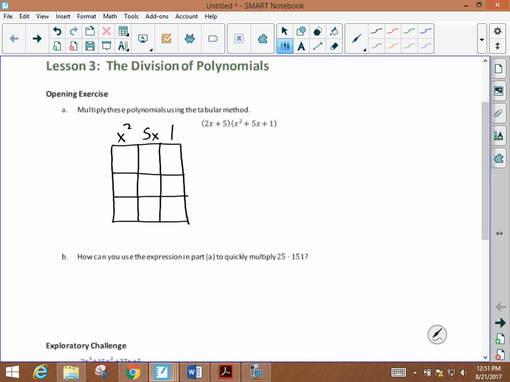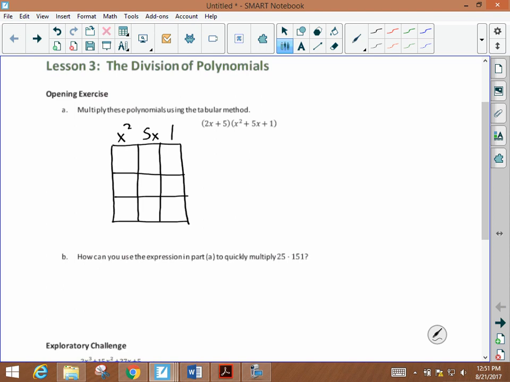And over here, for my rows, I am going to put the 2x plus 5. But I have to keep in mind that these have to be in descending order according to my degree of the polynomial.